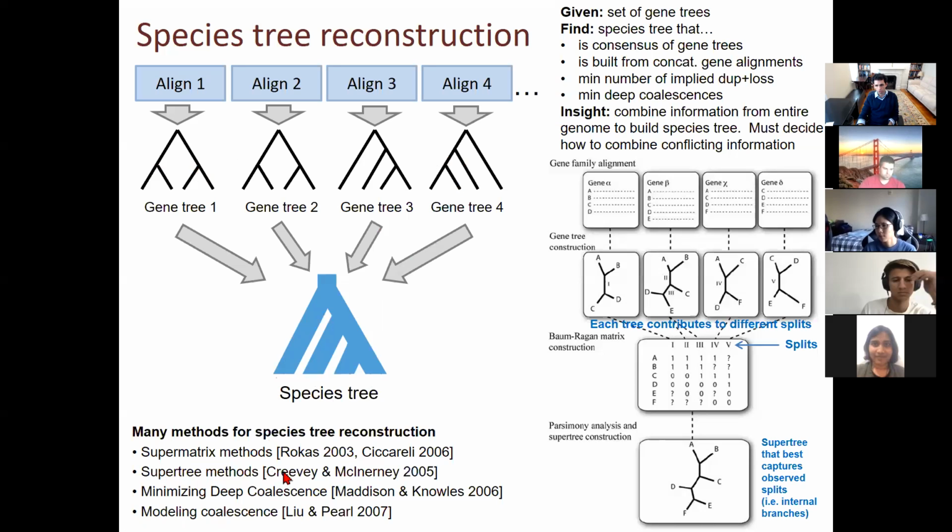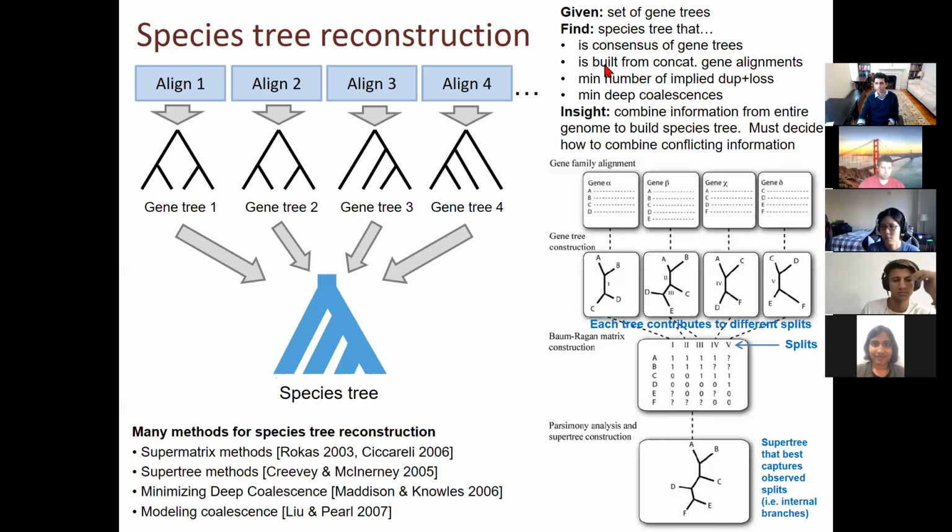Another one is a supertree method, which looks at the splits and the trees that best capture the splits that are most frequently found. Another way is to minimize deep coalescence, which we're going to talk about. Basically, how do you minimize the number of events, and also explicitly model coalescence.